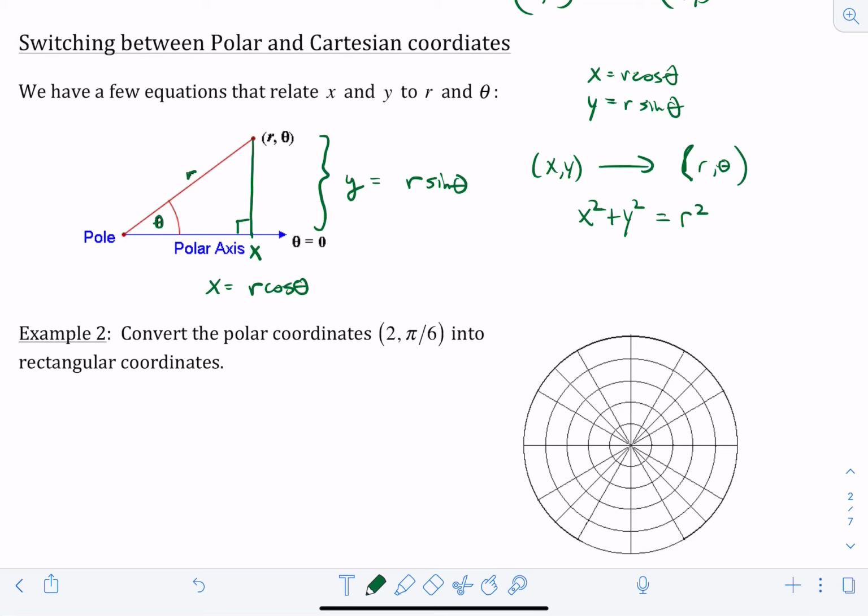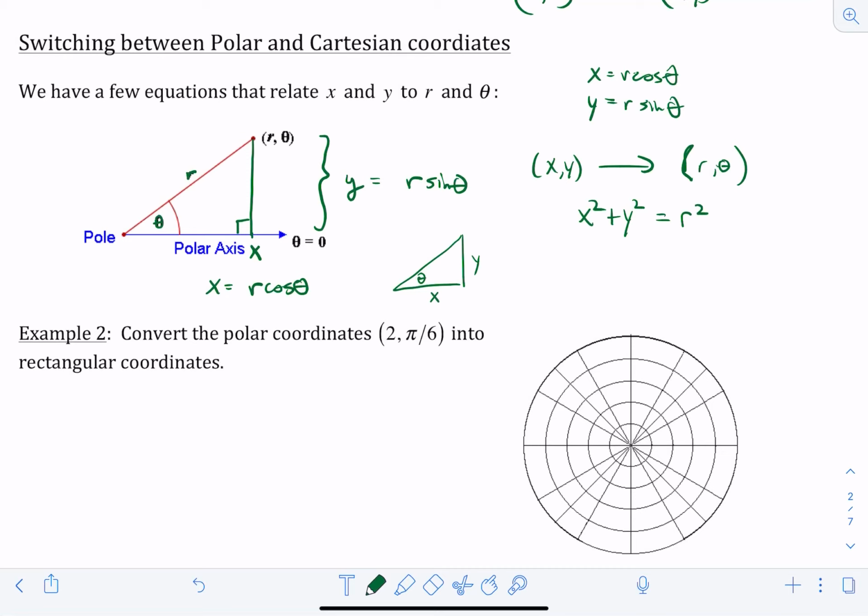What else do I know? Well, the other thing I know is there's a relationship between y, x, and theta. In particular, I can use the right triangle trigonometry again. I know that if this angle here is theta, this side here is y, and that side here is x, y is the opposite side, and x is the adjacent side, right?